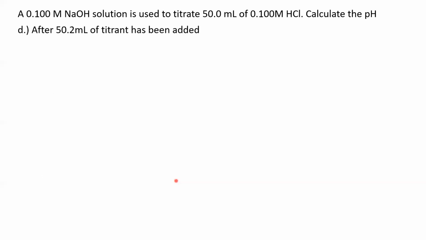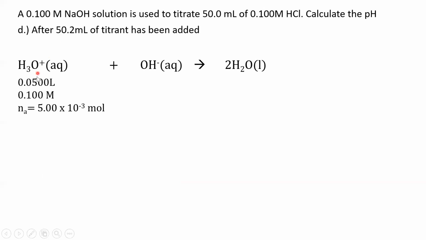Now, let's look at D. Now we're going to add a little bit more base. We have the same reaction. The amount of acid doesn't change, so we've got 5.00 times 10 to the minus 3 moles of hydronium ion. But now look at how much hydroxide we have.